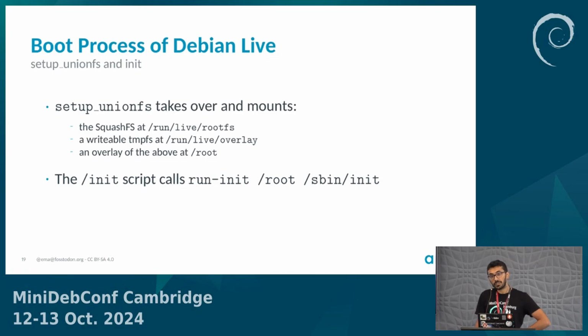And then there's another function which sets up the unionfs. Not crazy stuff, the name kind of gives it away. Unionfs is a combination of your squashfs and an in-memory tmpfs. It's an overlay that then is mounted under /root. And then at the end of the whole dance, init calls run-init /root, which basically does a pivot. So your new root, as in the / partition, becomes /root. And then the system is ready to go.